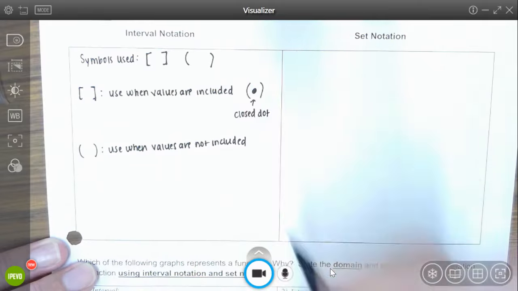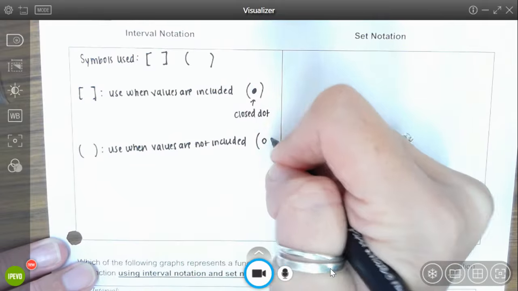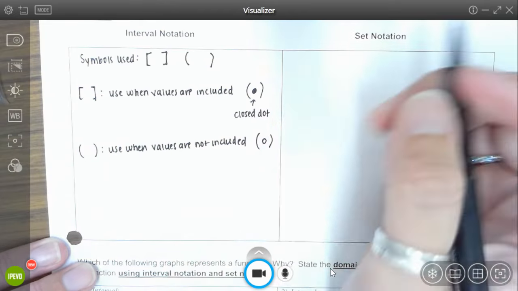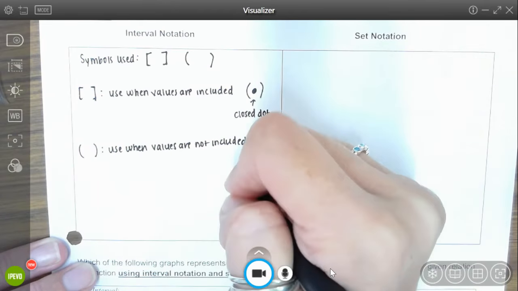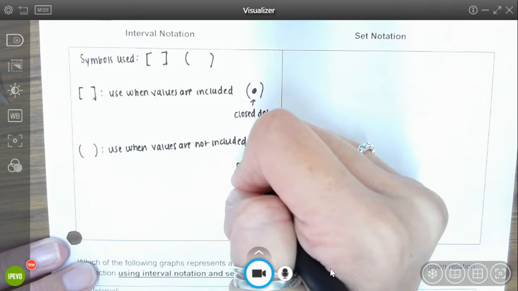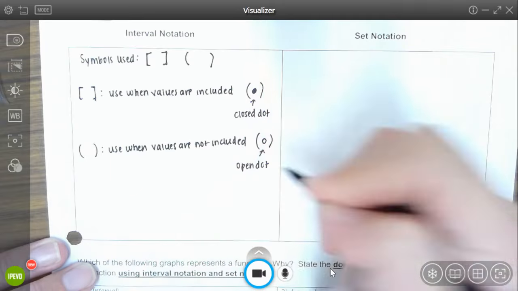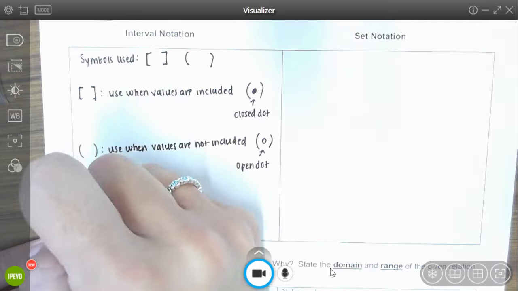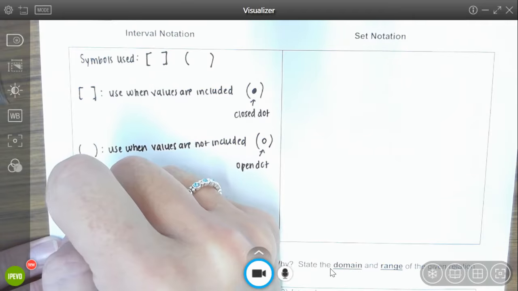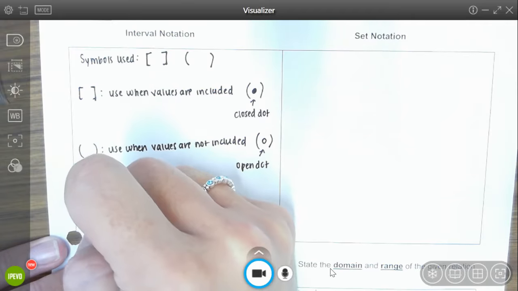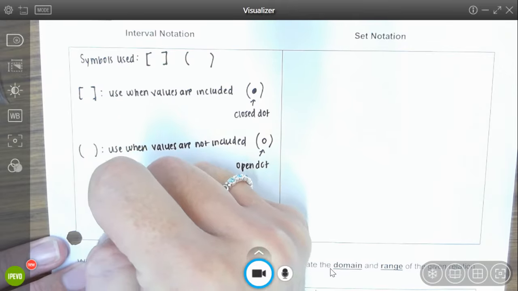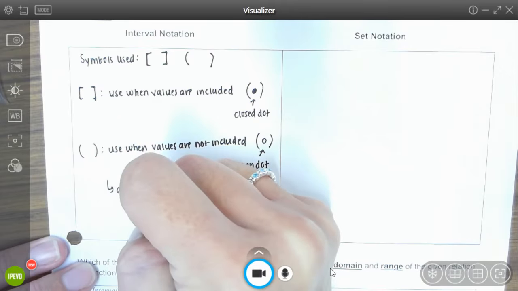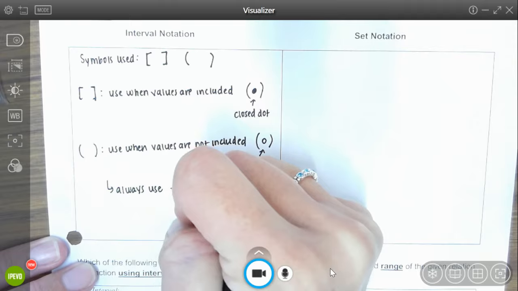And a good rule of thumb for that would be if you see on your graph that you have an open dot or an open circle, that's going to be an indication that you want to use a parenthesis. Another thing about the parentheses is you always use them with either negative infinity or positive infinity.